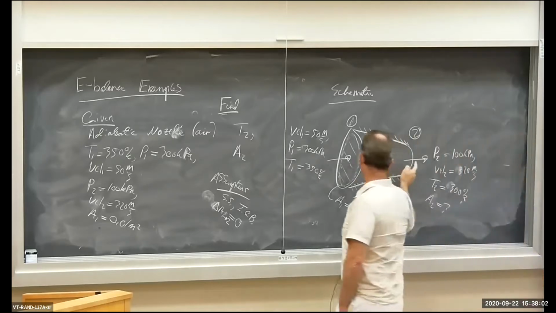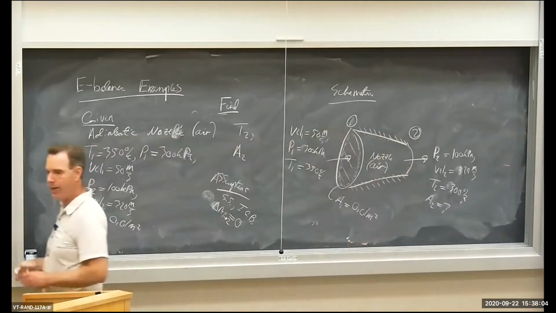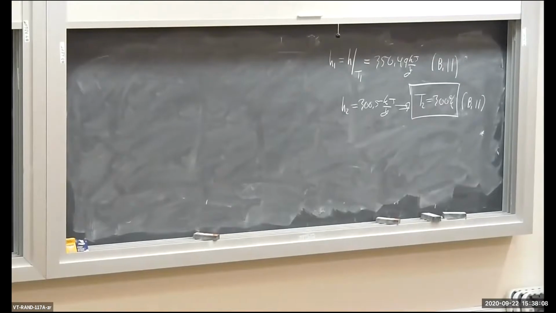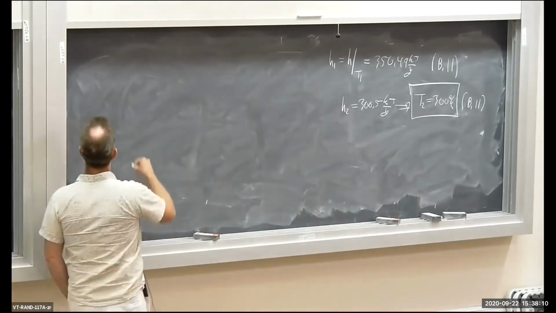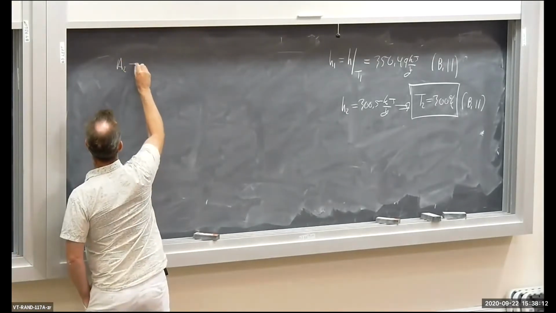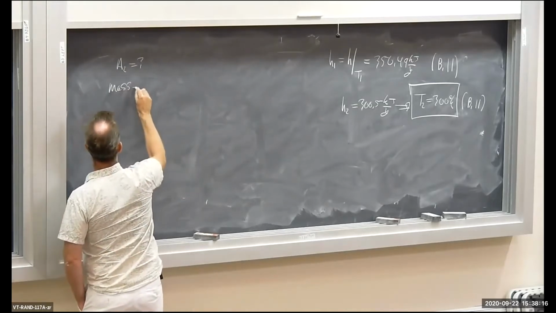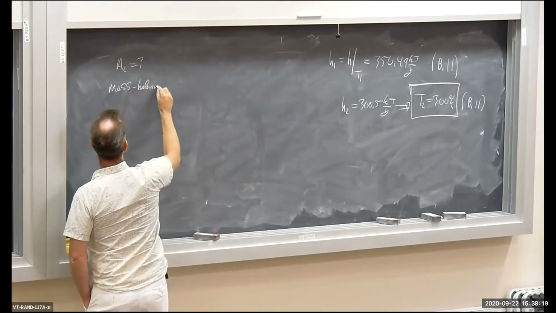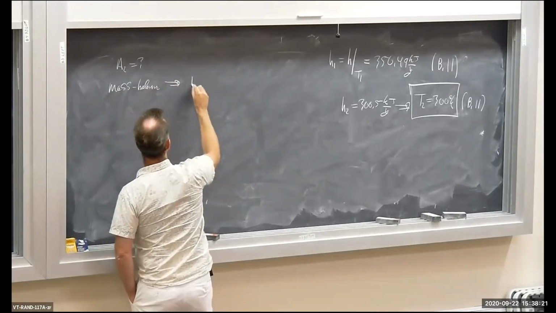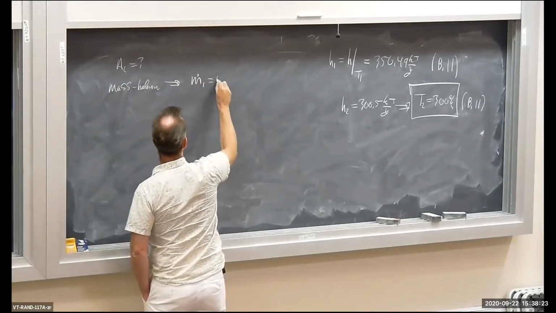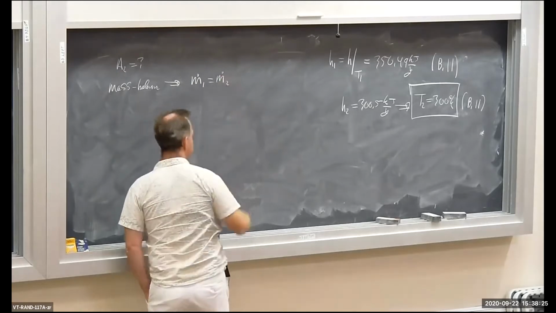M dot 1 is equal to M dot 2 is equal to M dot. That was from the mass balance.